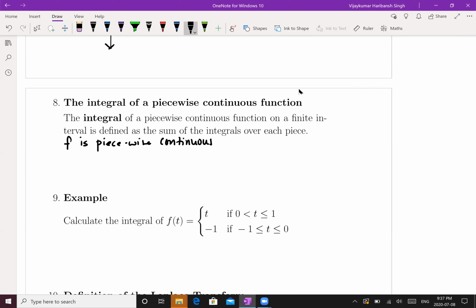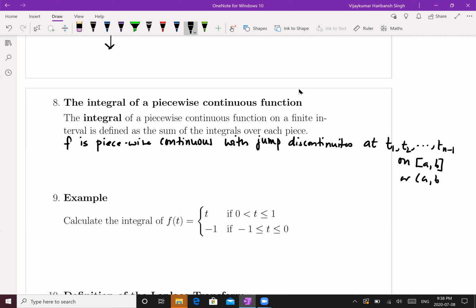So piecewise continuous with jump discontinuities at t1, t2, ..., tn minus 1 on [a, b], or for that matter (a, b), it doesn't matter.